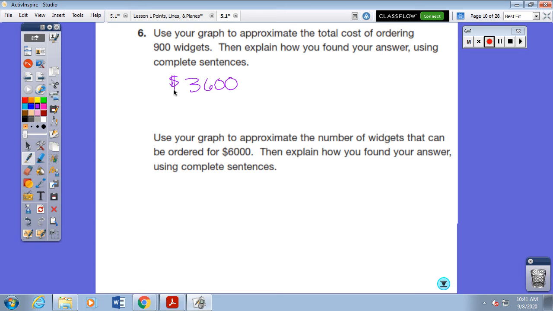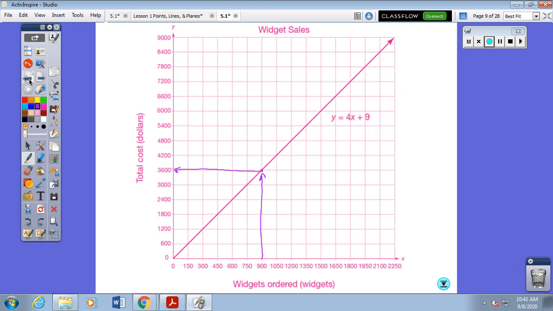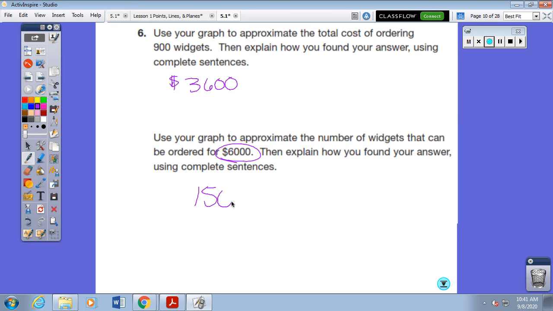Approximate if you spent $6,000, so let's go back. So 6,000, go all the way over, right here at the line, and then you'll go down. So it'll be about 1,500 widgets. Okay.